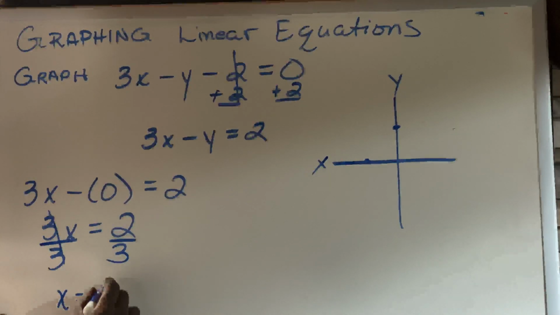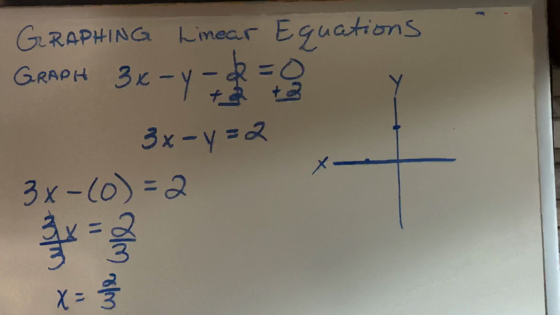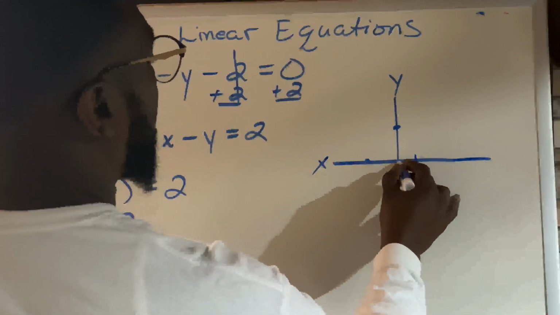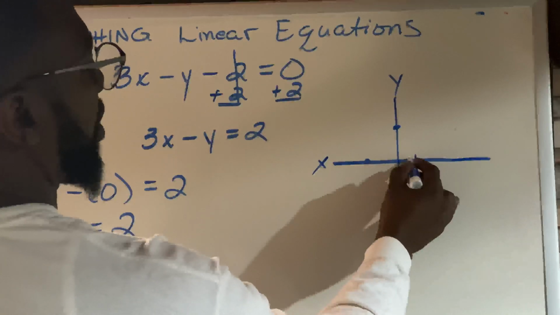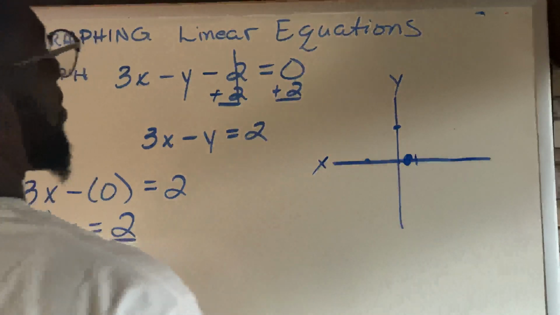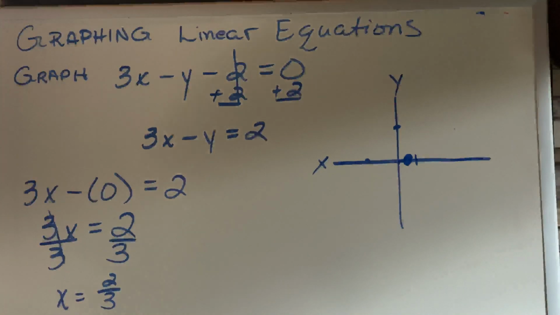The x-intercept equals 2/3. In order to graph 2/3 on the x-axis, we know that if this is 0 and this is 1, 2/3 will be somewhere in here. So that's our first point.